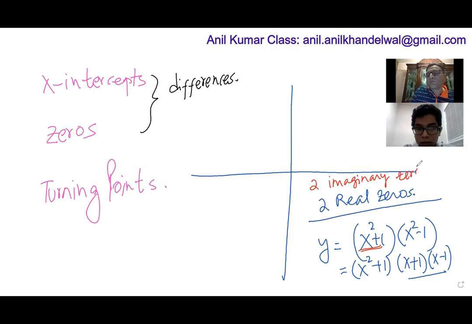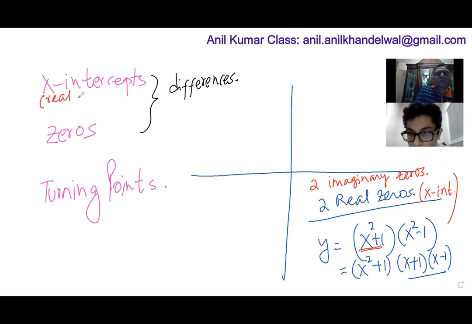So as far as zeros are concerned, there could be real zeros or imaginary zeros. The real zeros are x-intercepts, which you see on the graph. You get the idea. So x-intercepts are actually the real zeros. That is one difference. And the zeros could be real or imaginary. Do you understand?